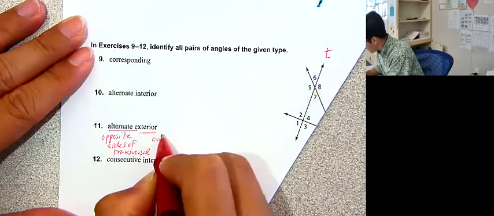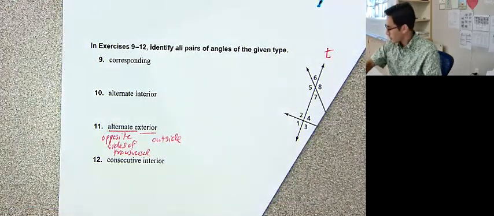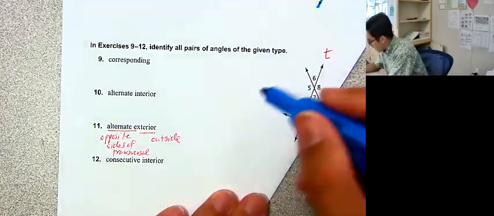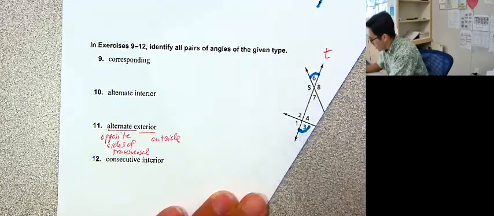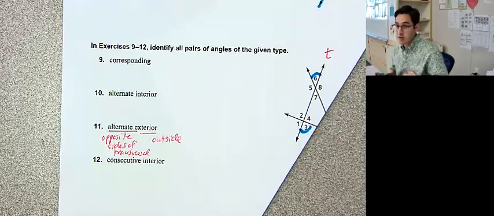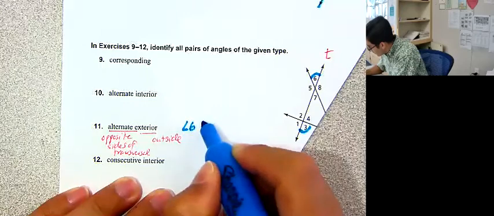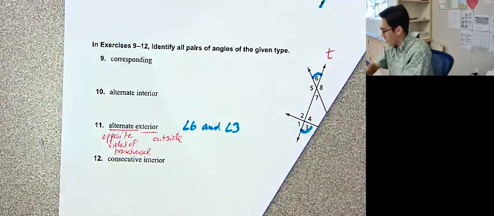And then exterior means angles that are on the outside of the figure. So one pair of alternate exterior angles would be angle 6 with angle 3. 6 and 3 are on opposite sides of the transversal, but they're also on the outside of the figure. Angle 6 and angle 3.